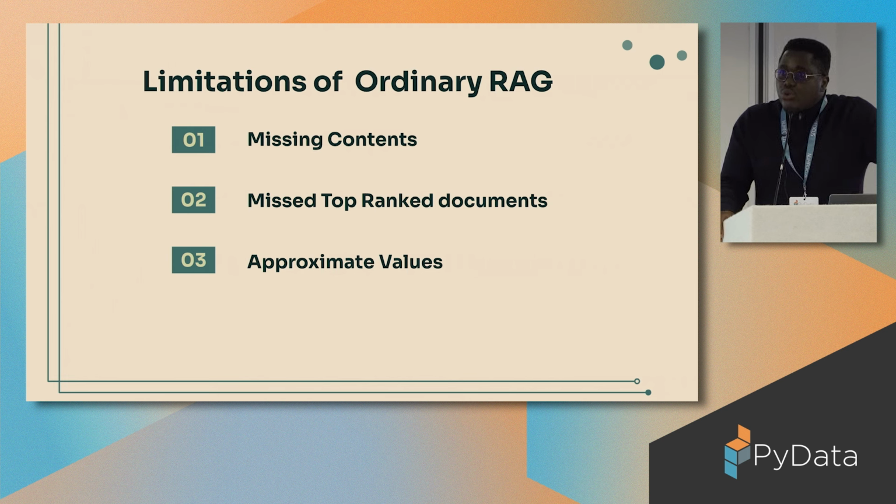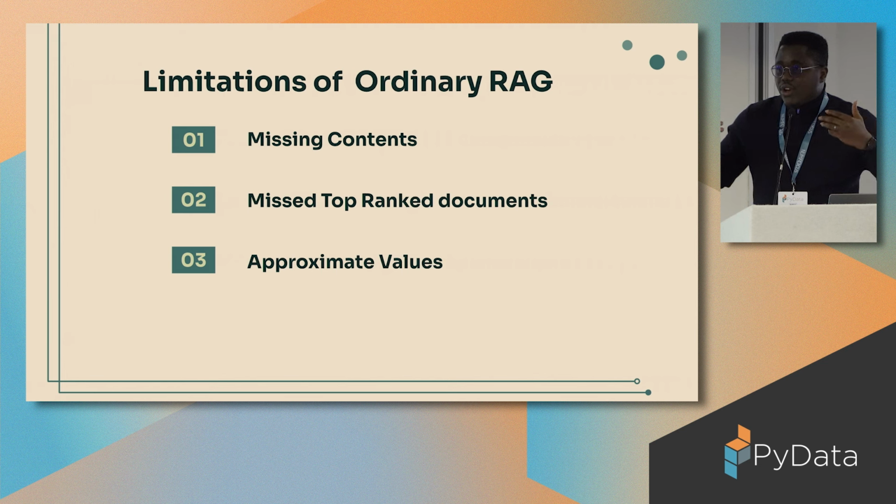Sometimes when you do ordinary retrieval-augmented generation, you might be missing some content. For example, you might be talking about what happened in the 20th century in relation to what happened in the 17th century. But because you've chunked your data in various formats, you've lost that connection from your original text.